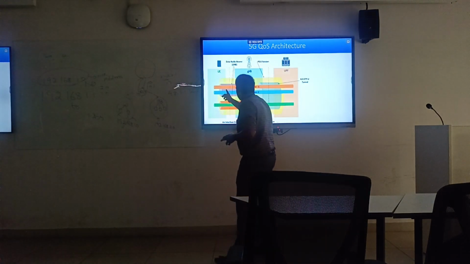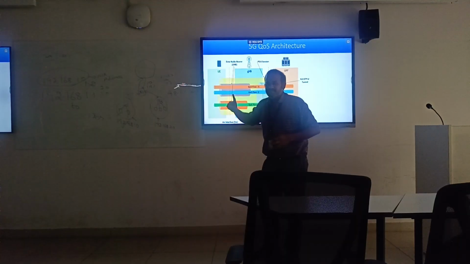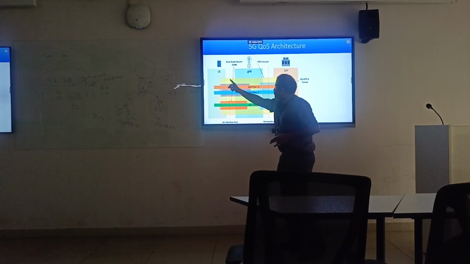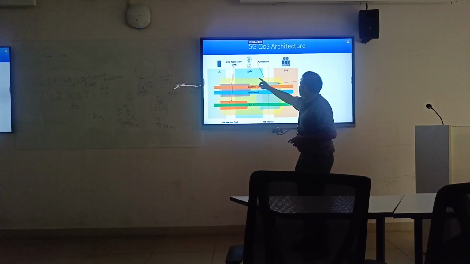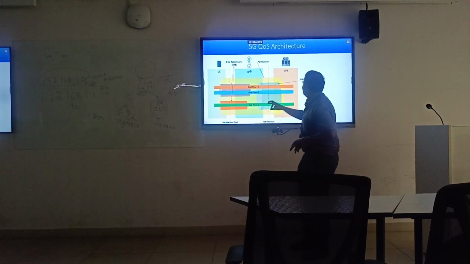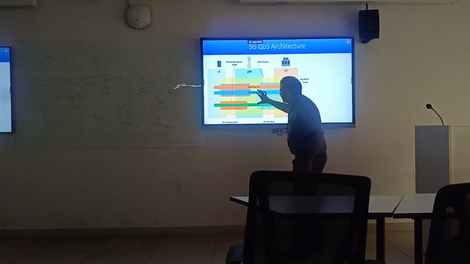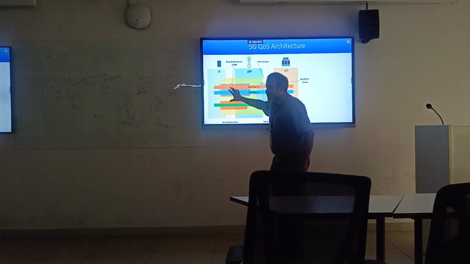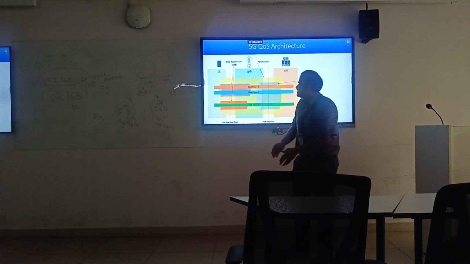One is represented as purple color, another one is orange color. Between which and which? User equipment and G-Node B. And between G-Node B and UPF, which tunnel is created? GTP tunnel. Your data bearer and your GTP tunnel are both the same in function.